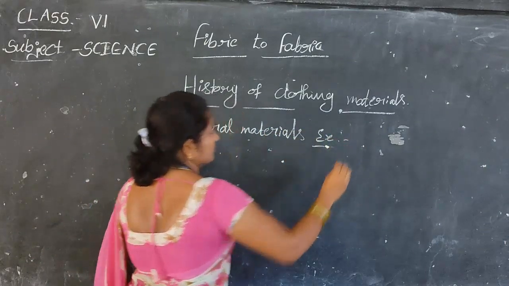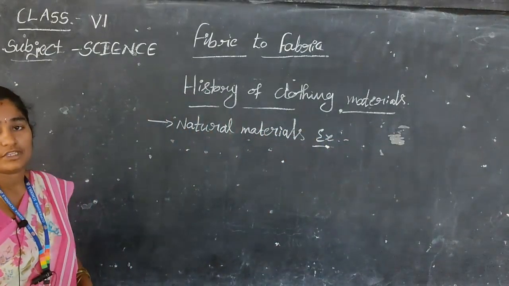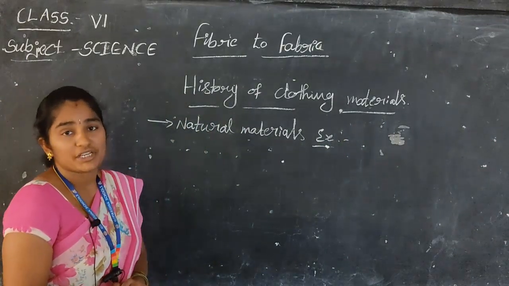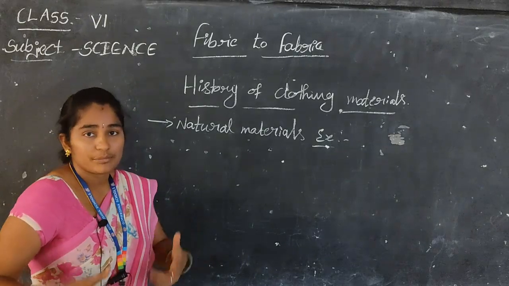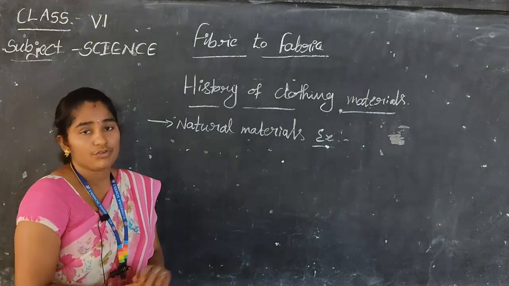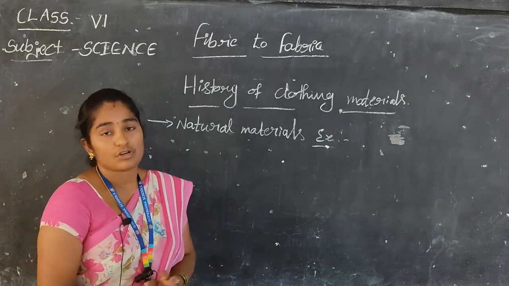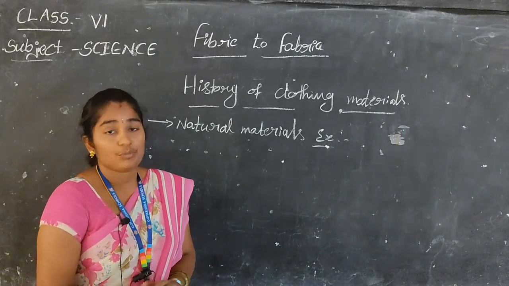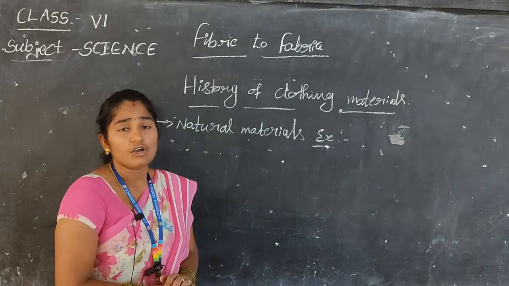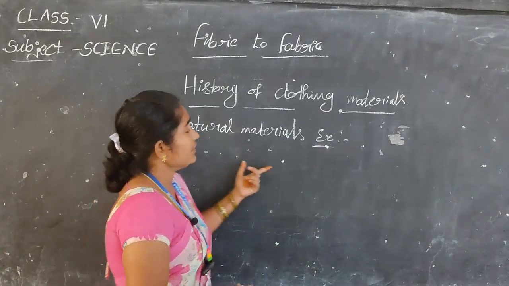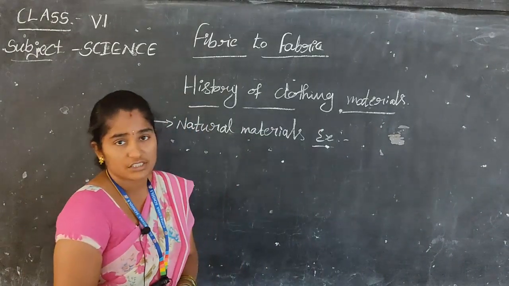For example, in early man, the early men are using the natural material. They have covered their body. Why are we wearing the dresses and fabrics? Because of covering our body and protecting our body. Yes, protecting our body. So the natural materials, what are they?